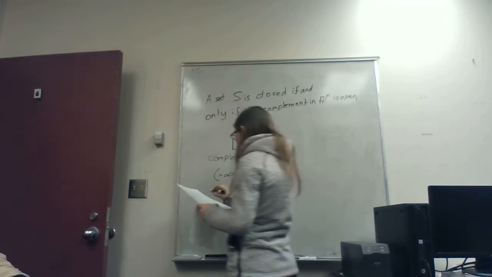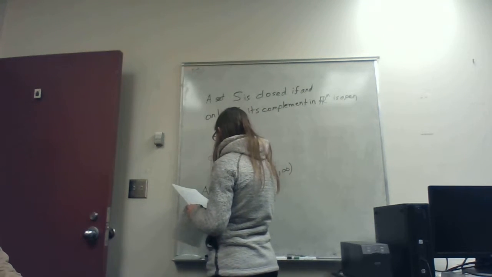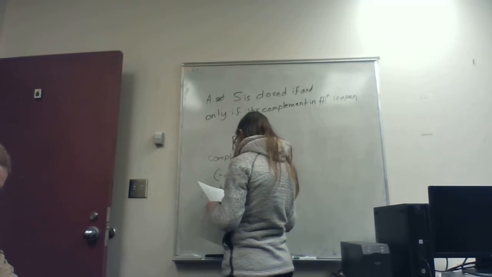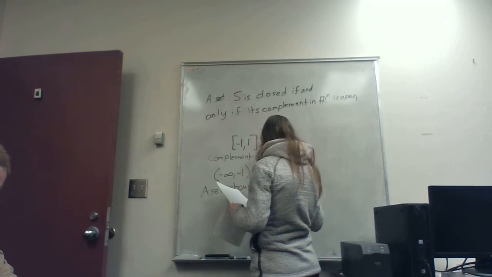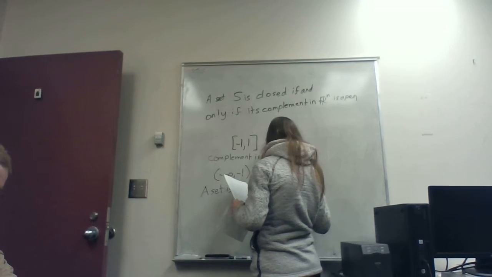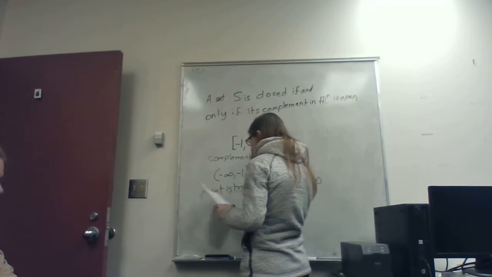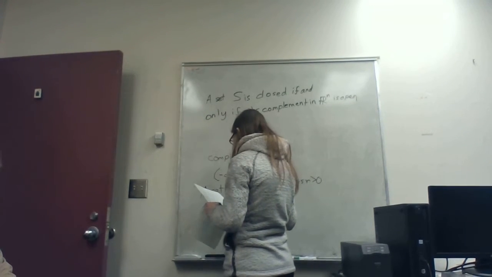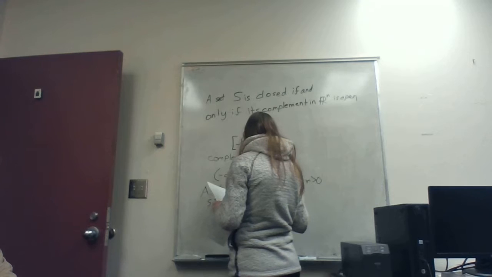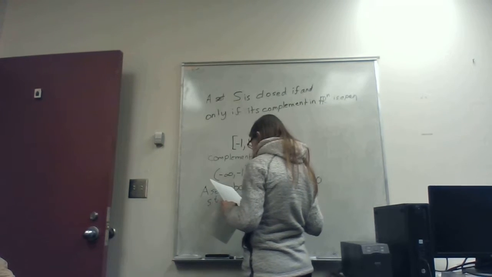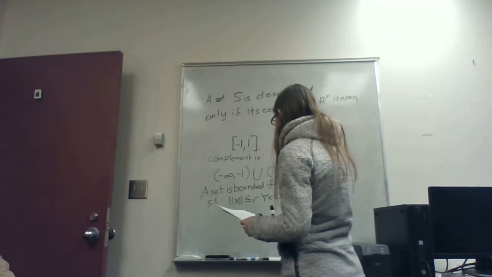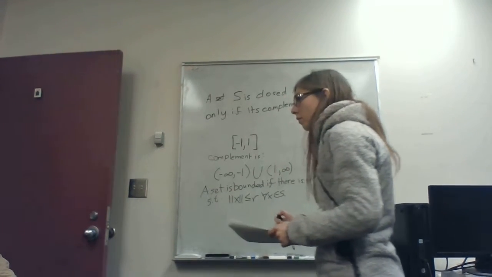Then a set is bounded if there is r greater than 0 such that the norm of x is less than or equal to r for all x in S. You said greater than or equal to.